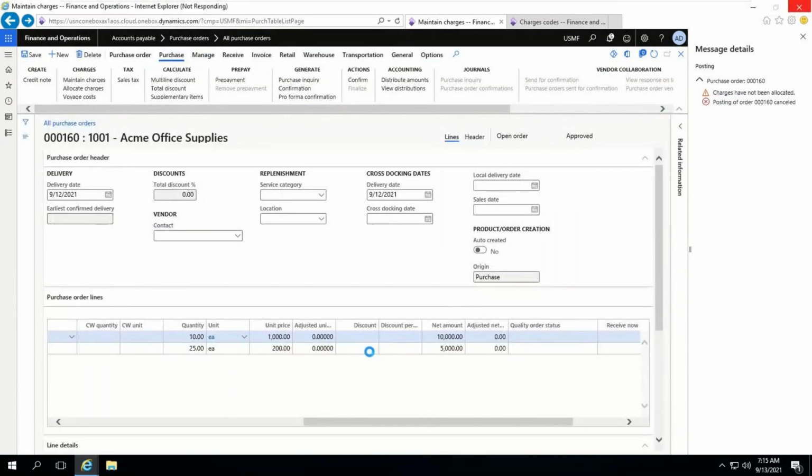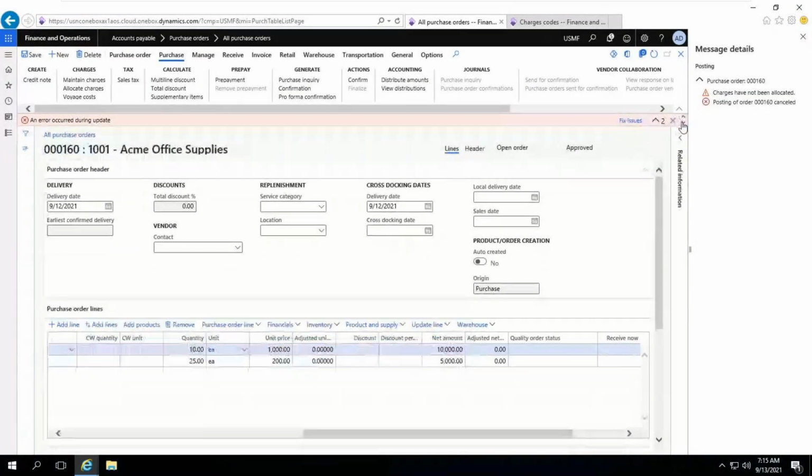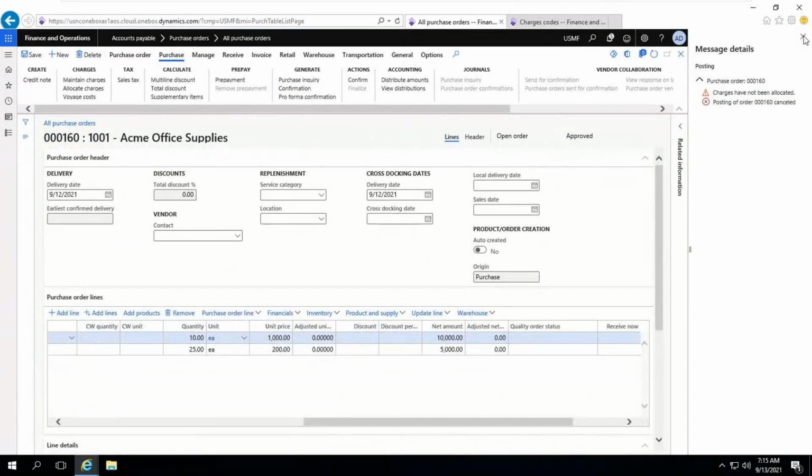For the second line, if you select, let me close this message. The system is slow, so I can't do anything.